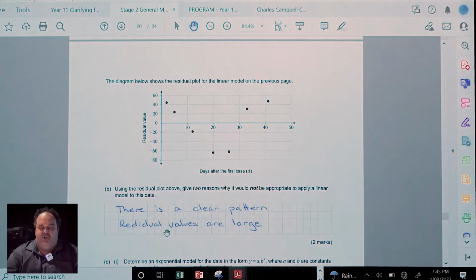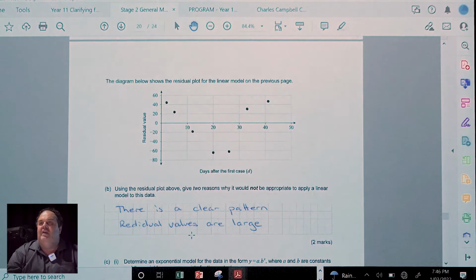The one the students didn't identify was the fact that our residual values are relatively large compared to what our values are. If you look at this, we're going from 60 to minus 80, which is why the scale is there. So the students need to identify, it's not just, is there a pattern, but also what is the magnitude of those residual values?